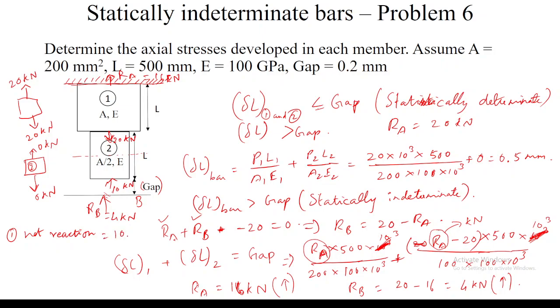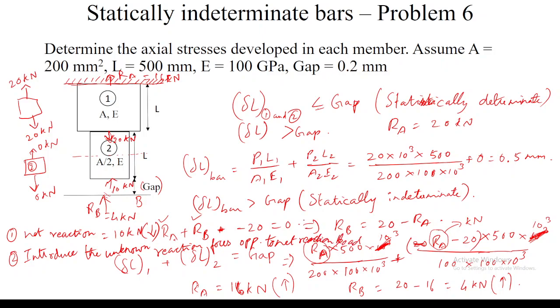First calculate the net reaction force and then see in which direction it is acting. Here, for example, this is acting in the downward direction. So introduce the reaction or the unknown forces in a direction opposite to the net reaction load. Okay.